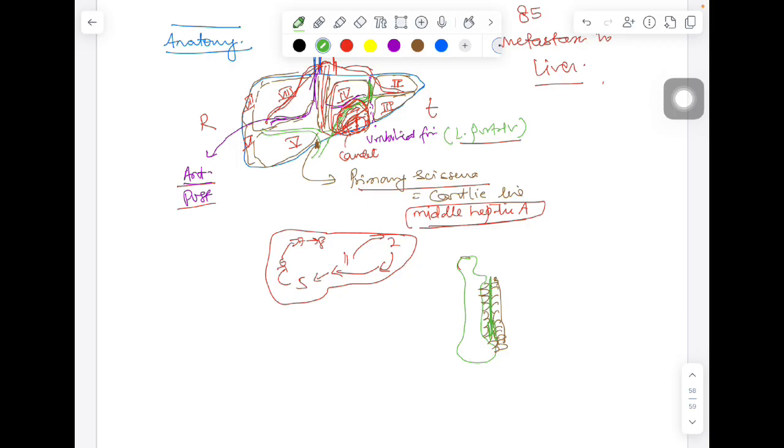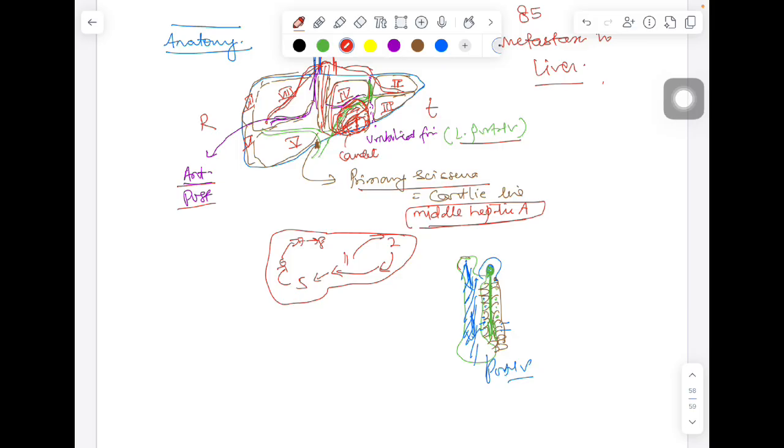This one is the portal vein, where the blood flows in this direction. Then these sinusoidal cells, and from this channel there comes this biliary radical. So bile is secreted by these cells, canalicular.